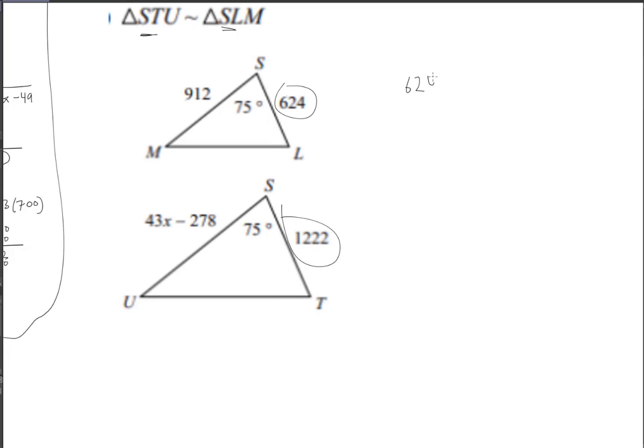You have your 624 over your 1,222 is equal to your 912 over your 43x minus 278.